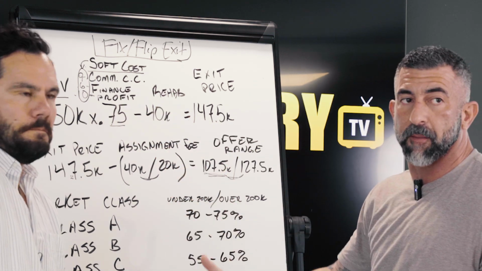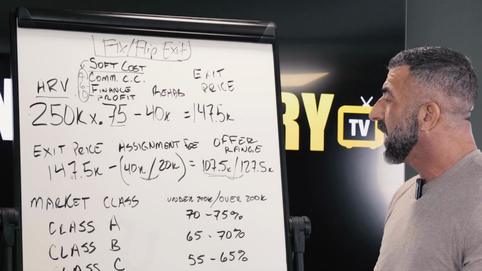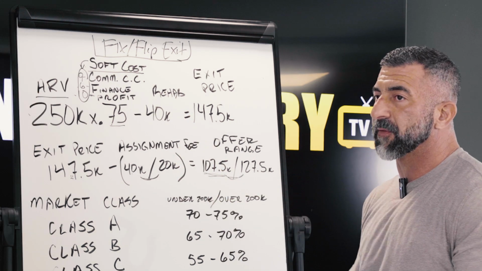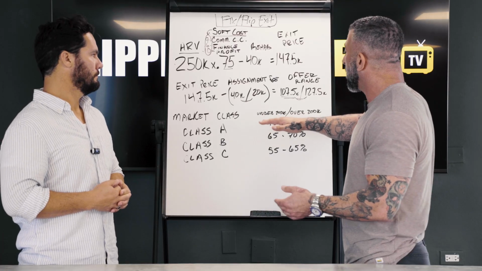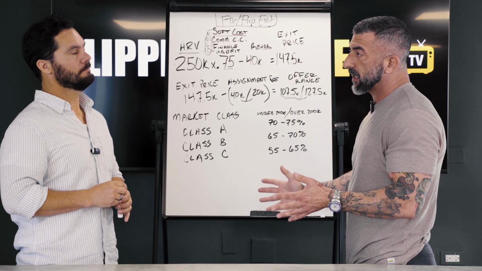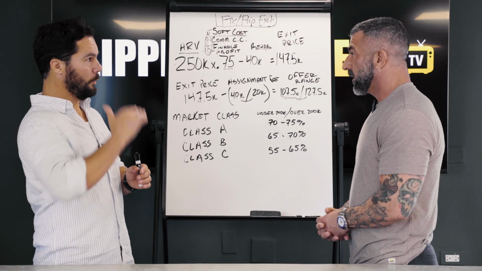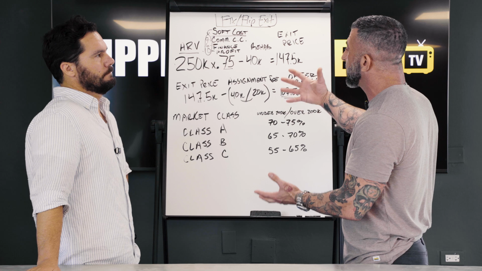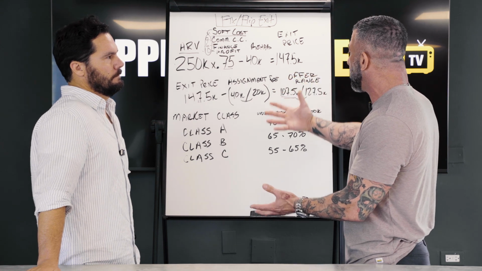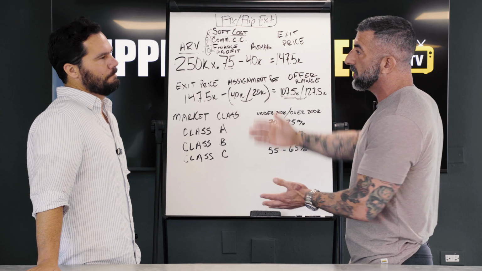Right? So the variable we were talking about up here was this 25% spread gross profit we left in there for our buyer. Now, that's not going to be a blanket formula across the board. I look at that number in different classes of markets and over or under on the ARV or the exit, the 200. We use $200,000 in our office as a cutoff point, because if you look at the profits a flipper can make, the higher the ARV is on that deal, the more money they're going to make.